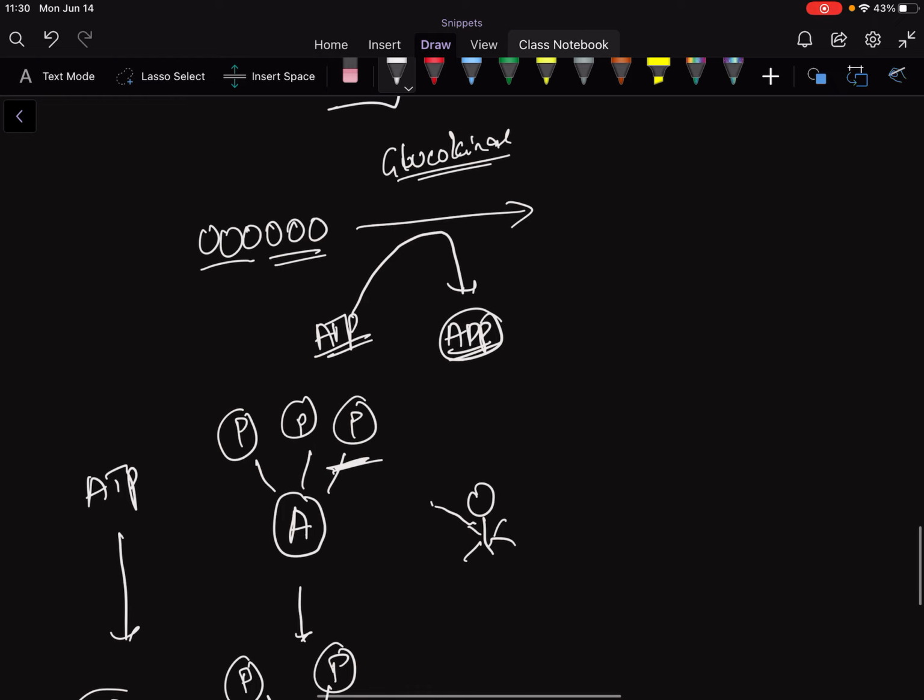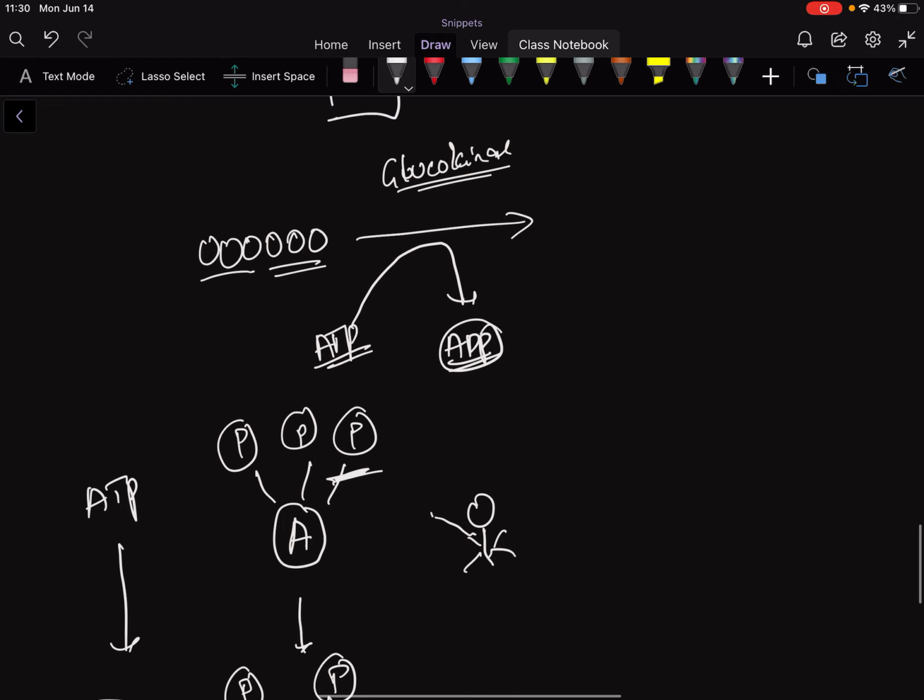What happens to the phosphate? That phosphate is added to the 6th position of the glucose, so it is phosphorylated at the 6th position. We call this glucose 6 phosphate. That is the function of these kinases. Whenever I say kinases, they take a phosphate and do phosphorylation on another substrate.